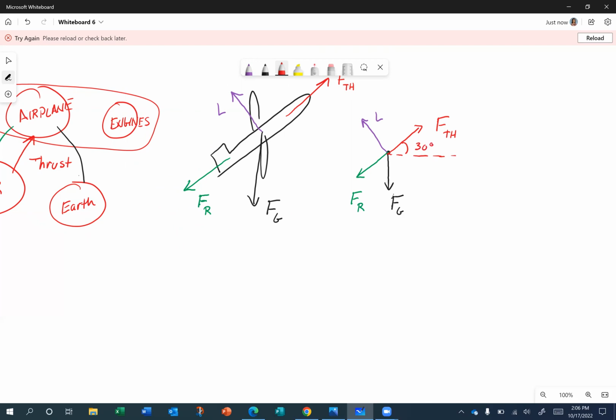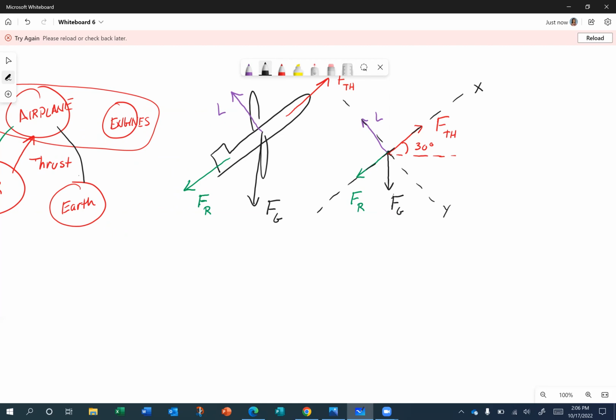So what we notice here is lift and air resistance and thrust are along the same lines and perpendicular to one another. So if I take the direction of motion along this line to be my x, perpendicular to that is my y. The only force giving us a problem here is the force of gravity.